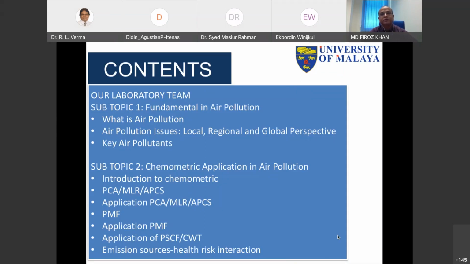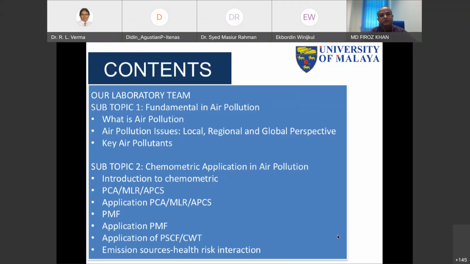I will briefly introduce this to the participants. In my second subtopic, the main focus for this afternoon is chemometrics application in air pollution. I will briefly introduce chemometrics modeling and a few commonly applied chemometric models, for example PCA, APCS, and PMF, their fundamentals and background, and how we can make use of those models in our work.